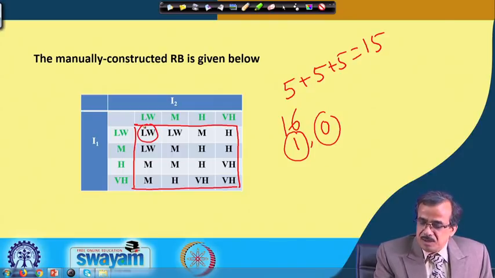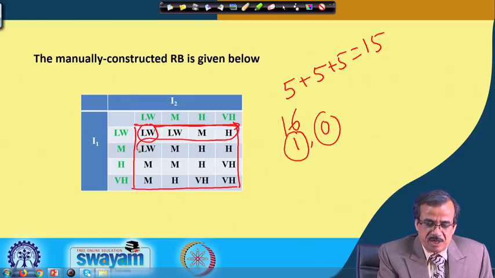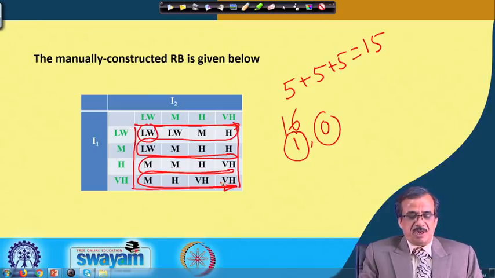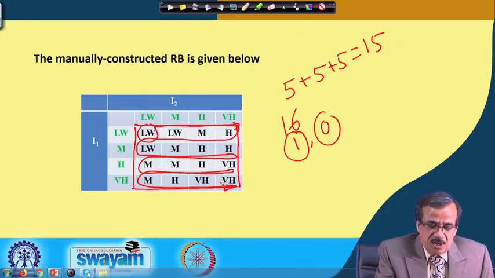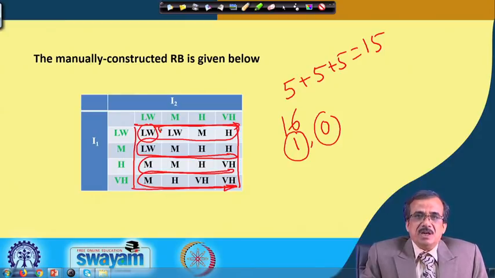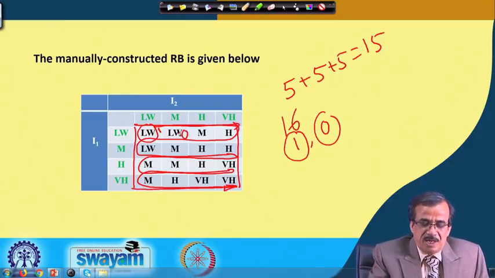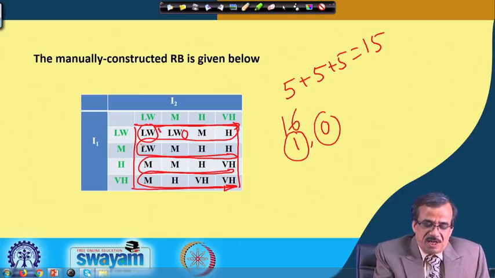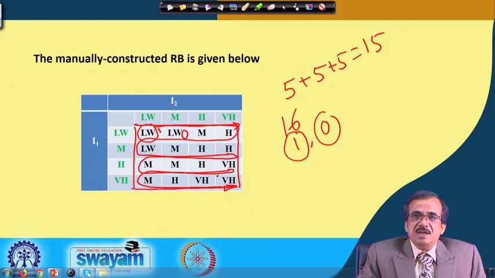Then we move in this particular direction, next in this direction, and next in this direction to represent the rules. If there is a 1 here, that particular rule is present, and if there is a 0 here, that particular rule is absent, and so on. There are 16 such rules, so I need 16 bits just to represent whether the rule is present or not.